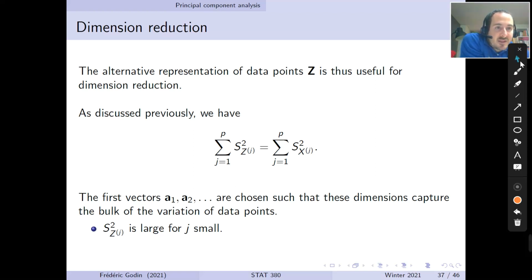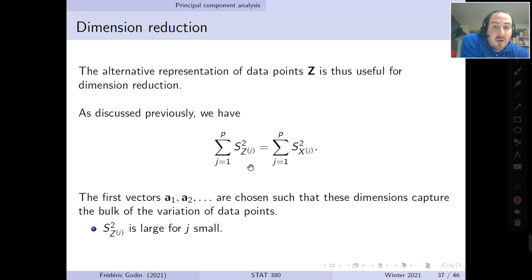We ensured that the s squared z_j are as high as possible for small j. When j was equal to 1, we wanted to maximize this quantity. When j was equal to 2, we wanted to maximize this quantity under the constraint that a2 had to be orthogonal to a1. When j was equal to 3, we wanted to maximize it under the condition that a3 was orthogonal to a1 and a2, etc. Because of that, for small j, s squared z_j is very large.